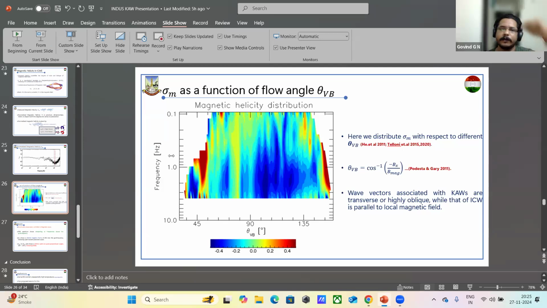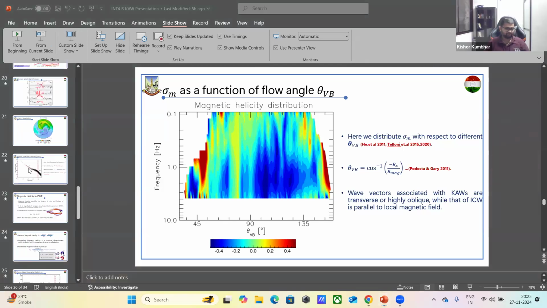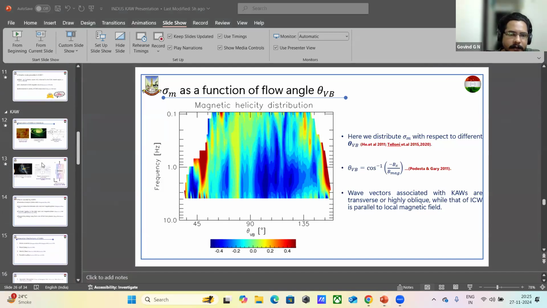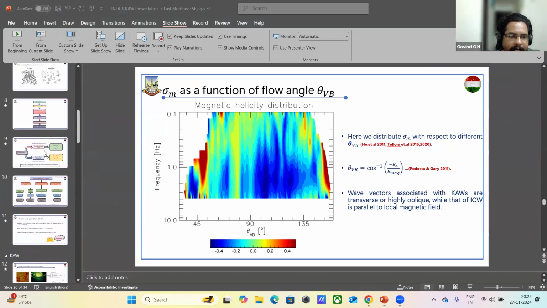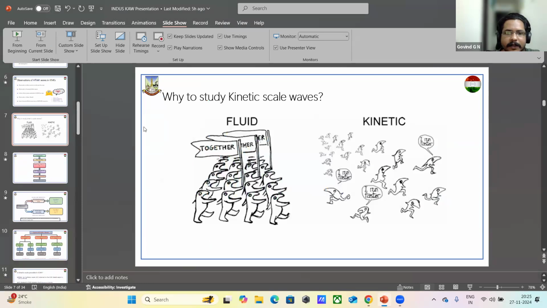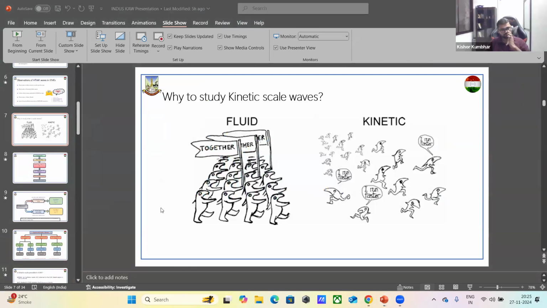You showed one picture, a cartoon, where the particles are grouped together as well as separated out. Yes, this is the thing which I was saying. In MHD waves, you follow the collective, fluid-like behavior, whereas in kinetic we have the particle-like behavior.